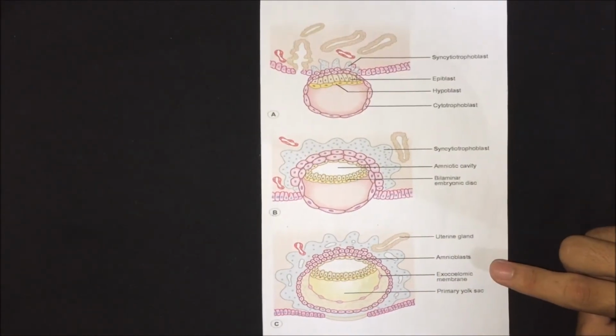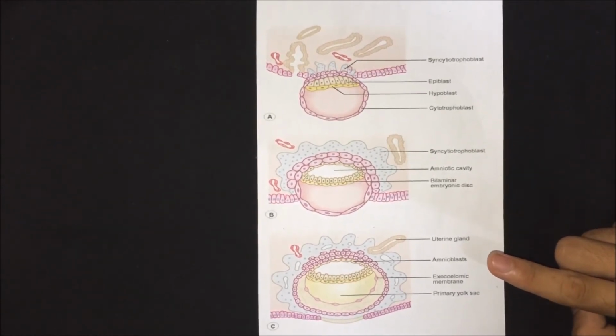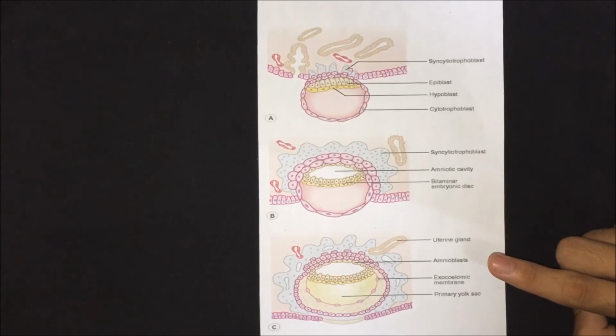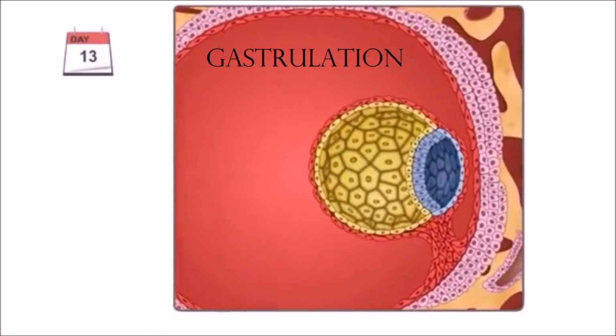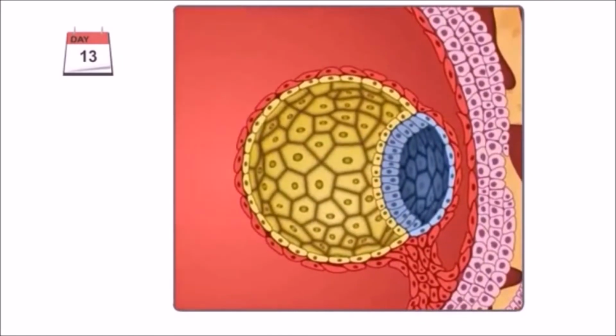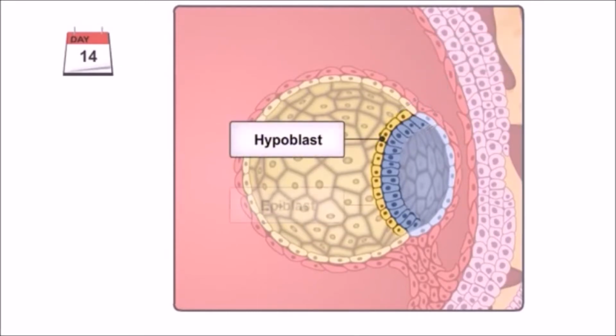Following implantation, the trophoblast continues to expand into the endometrium, and at this stage, gastrulation starts. By the end of the second week of development, the bilaminar embryonic disc consisting of hypoblast and epiblast has formed.